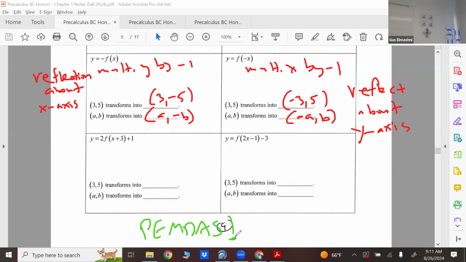So you gotta go 3 left. So that's going to be 0, comma. Okay, after you do that, what's the next thing you see? Right, because you multiply before you add. M comes before A in PEMDAS.